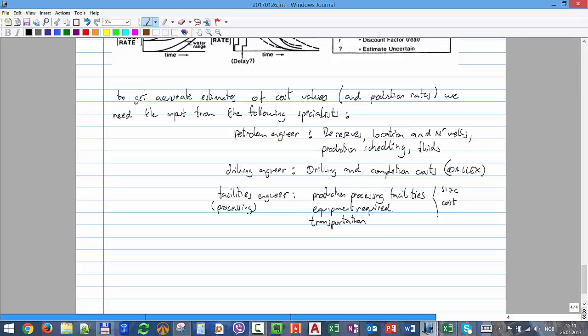Then we have some operations and maintenance. That they are going to tell us how much do I have to expend more or less in maintenance costs, manpower, how many people do I have to employ.